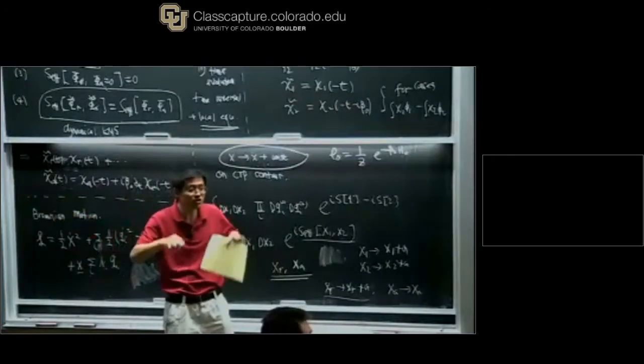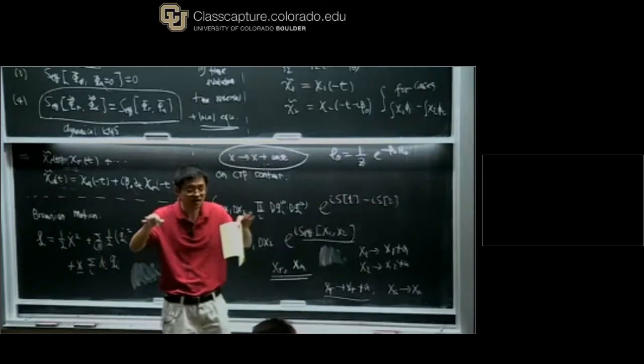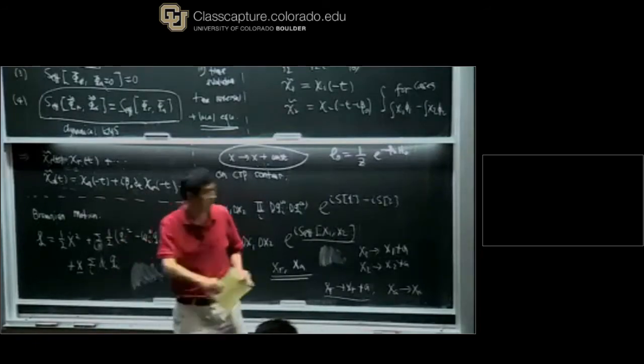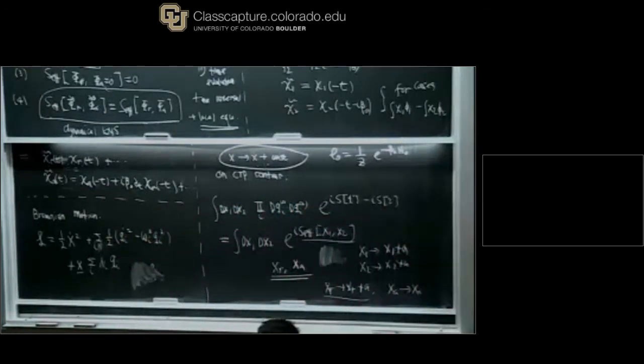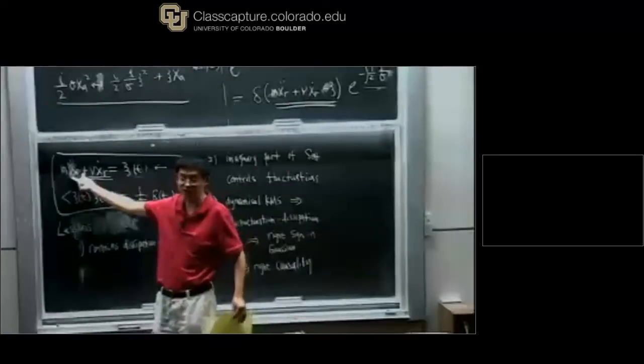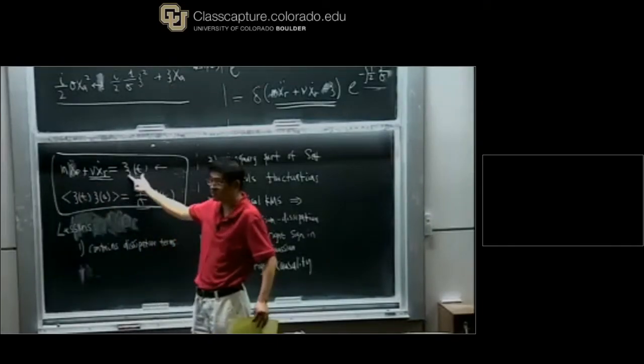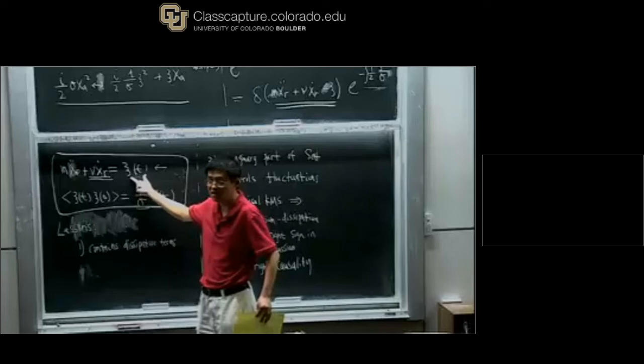Just including the fluctuation of the dynamic variable themselves is no longer enough. You actually have to include the noise. At this quadratic level, there's actually no fluctuation for XR, because all the fluctuation is determined by psi. So only fluctuation for XA.